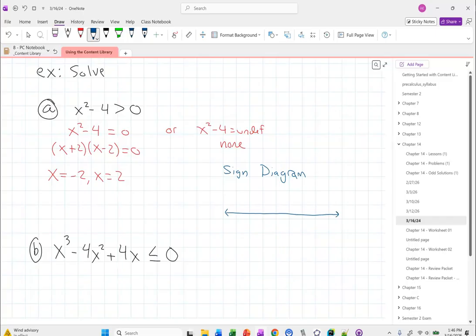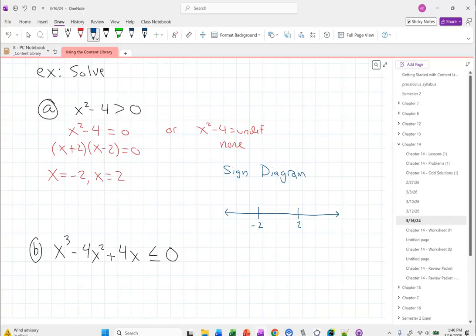And the numbers that I care about on my number line are going to be the solutions equal to 0 and the places where it's undefined. So for this one, we just have -2 and +2. Everybody's okay with where I got the numbers that I'm going to put on my number line?